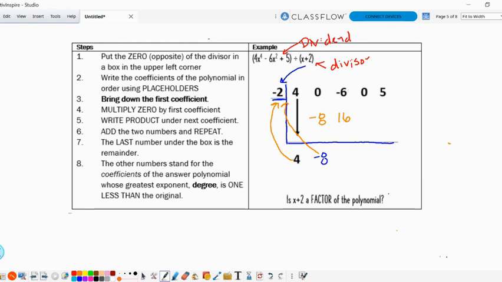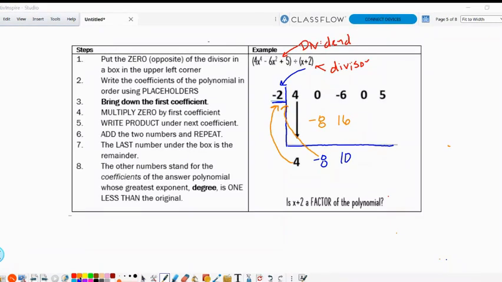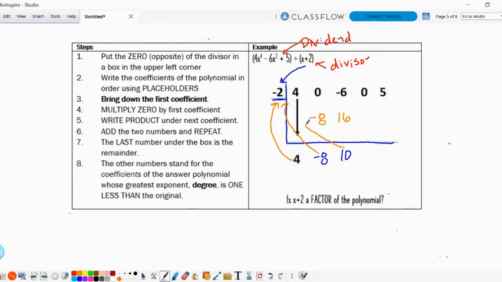Negative 6 plus positive 16 gives us 10. Now we're going to multiply again. 10 times negative 2 is negative 20. 0 plus negative 20 gives us negative 20. And we're going to multiply again times negative 2. That gives us 40. And then we add 5 plus 40 is 45.